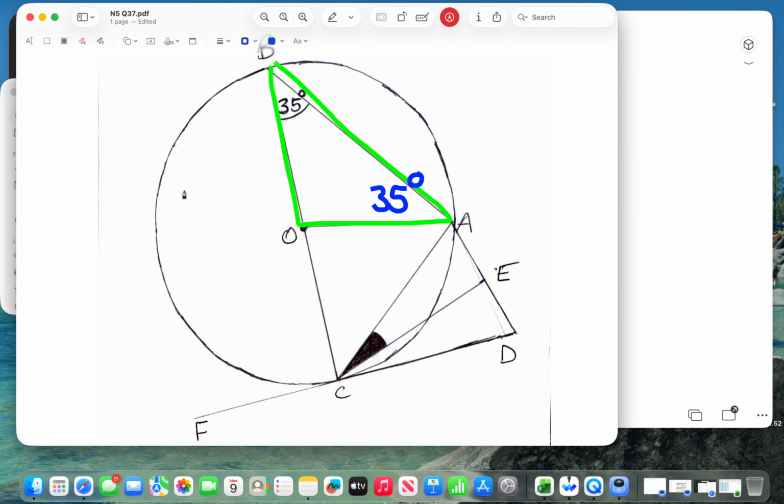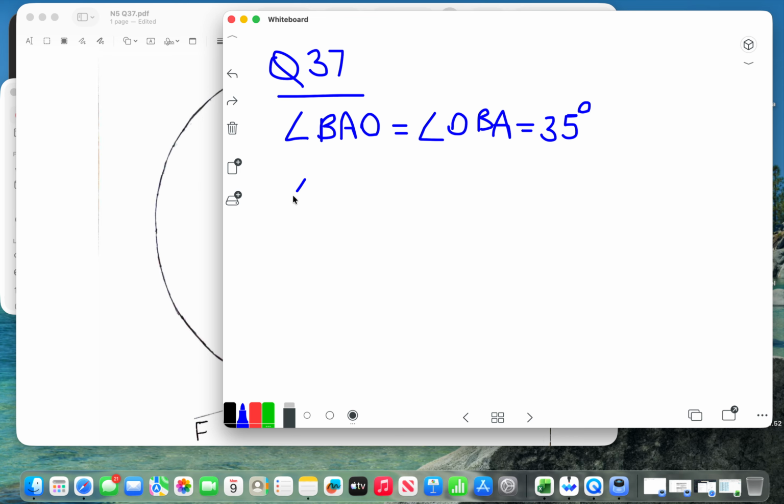You now have two options. You can either find this angle as 110, in fact I think the best way to do this is get this angle as 110. There's a few ways to do this question.